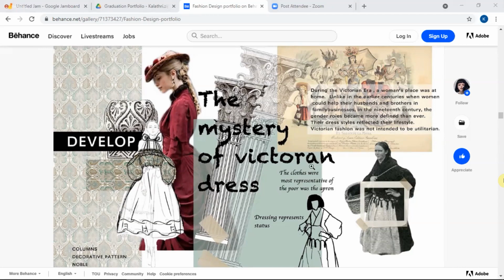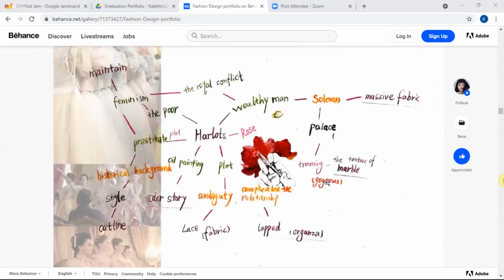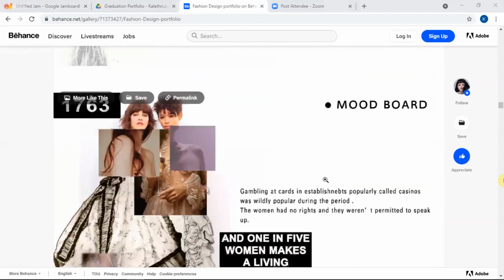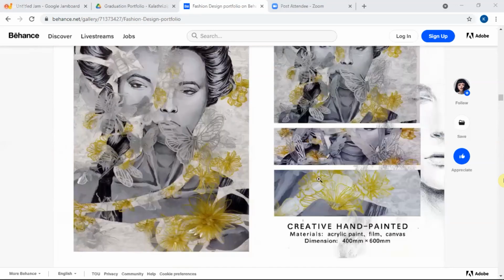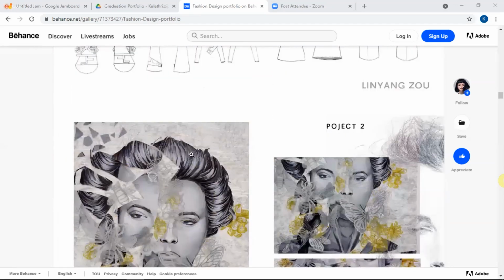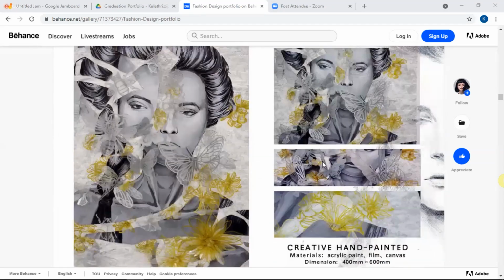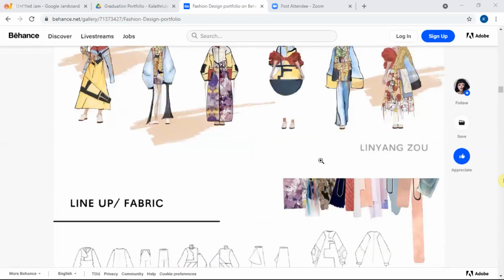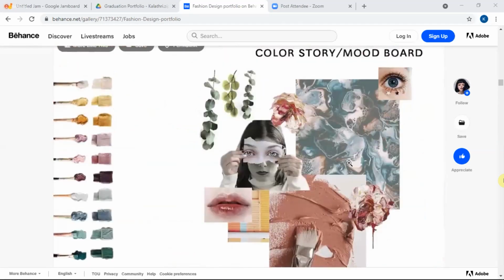So this is a mood board where you create a mood or an idea. This is a mood board. This one is a mood board. Okay.